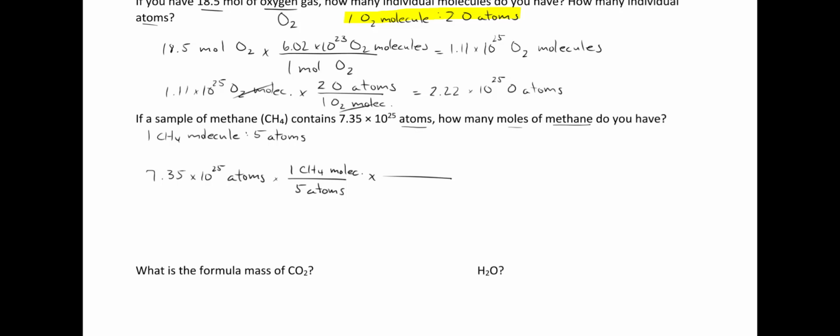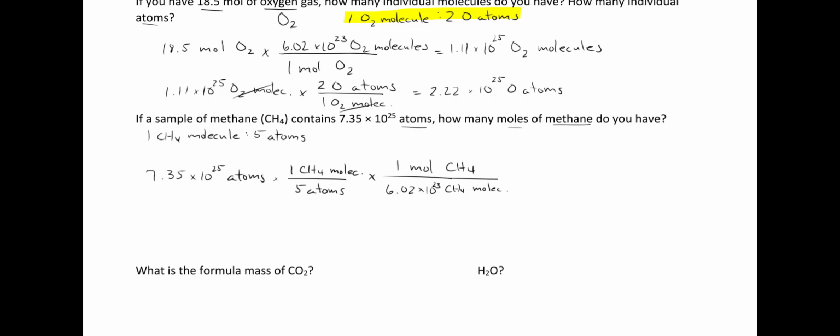So we use Avogadro's number again. So how many molecules are there in a mole? There are 6.022, or we'll just say 6.02 times 10 to the 23rd molecules in 1 mole of CH4.